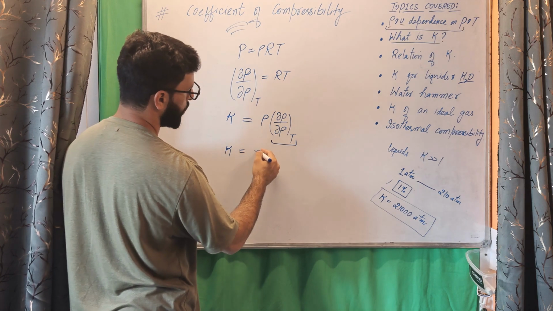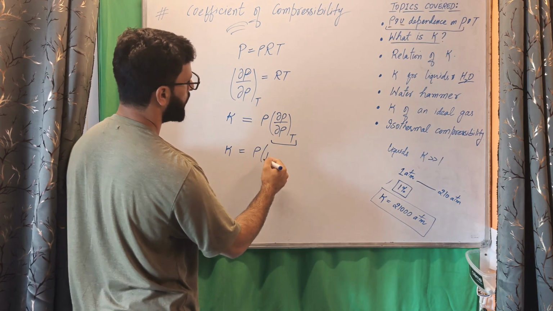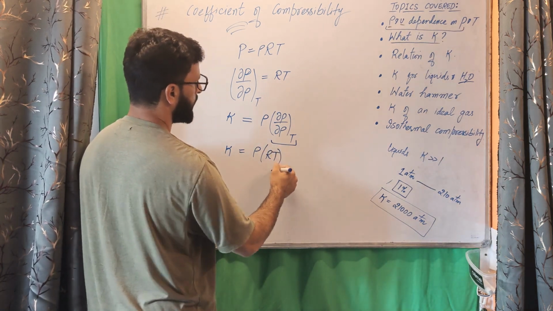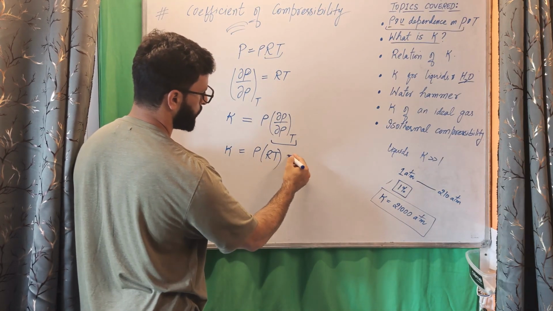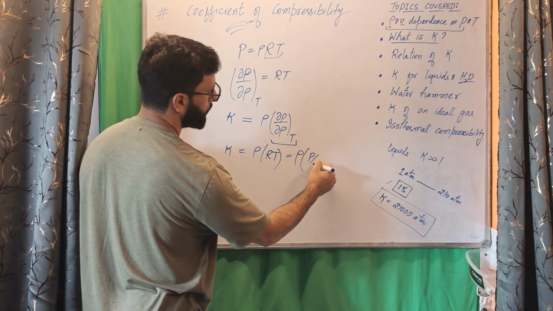So kappa will be rho RT, but RT is equal to P by rho from the ideal gas equation. So we can write rho times P by rho.